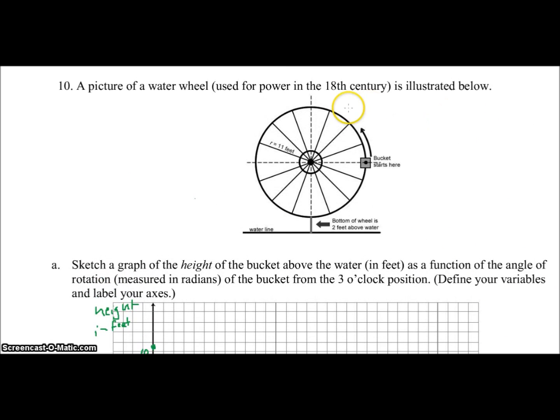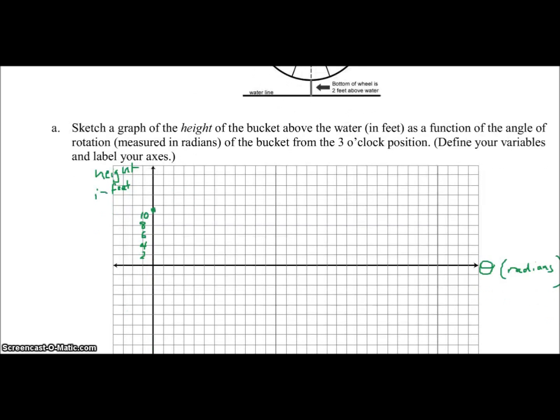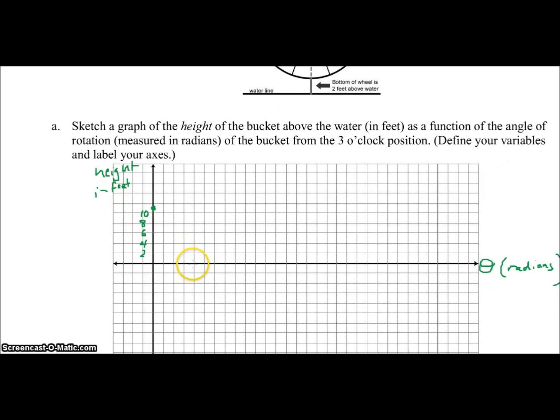Then when we get to this point, will be 11 plus 11 plus 2, or 23 feet high. And that's it when theta is pi over 2. 23 feet high. Let's see, 12, 14, 16, 18, 20, 22, 24. I'm going to go way up off the graph right here.